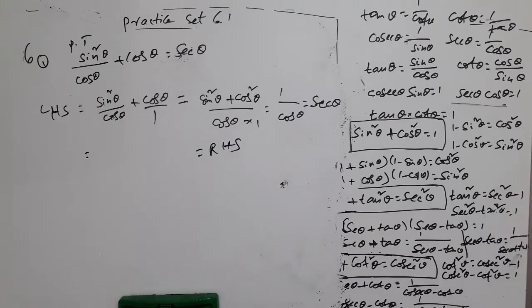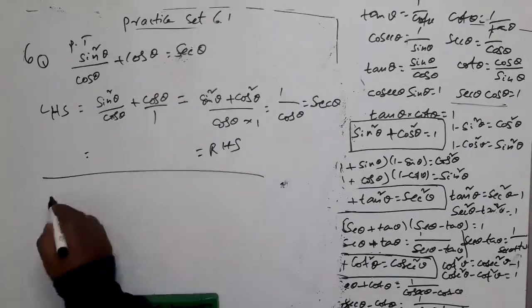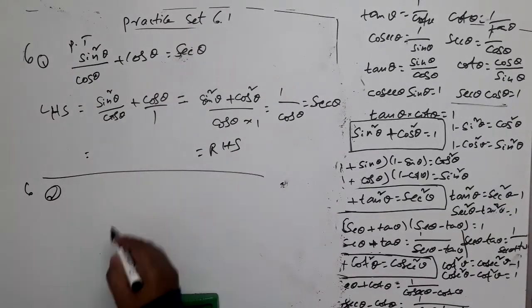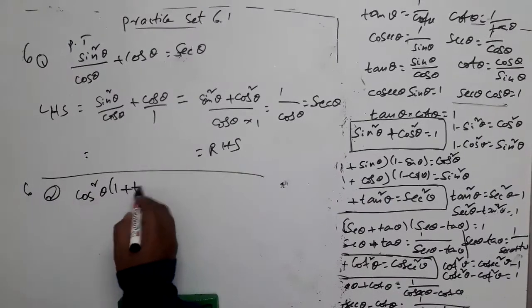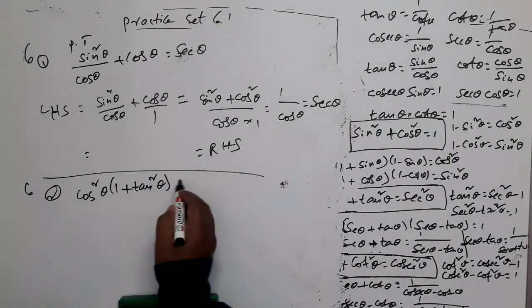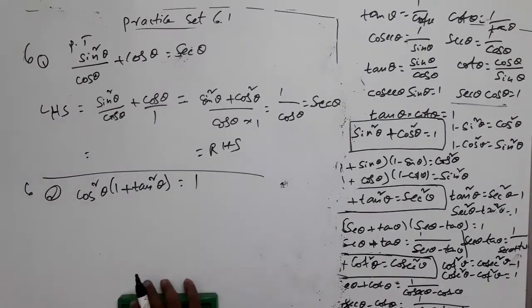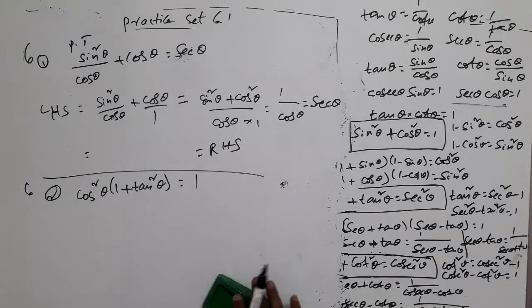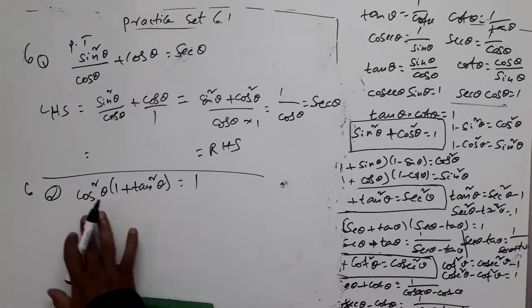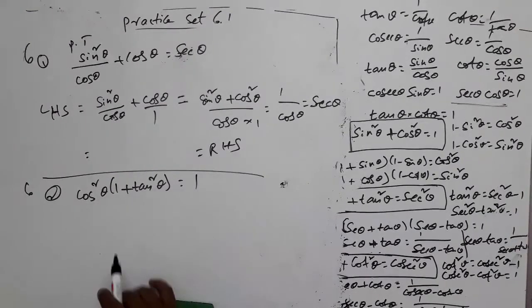This is the first bit. Next, the second bit, six-two. Prove that cos square theta multiplied by 1 plus tan square theta is 1. Yes, tell me, how shall we proceed? Here also, the right hand side part is simply the number 1. The left hand side part contains trigonometric ratios.